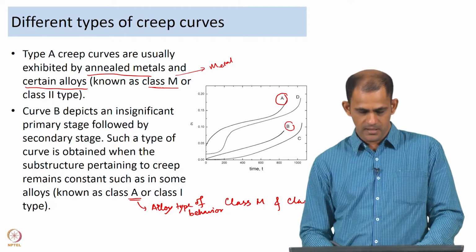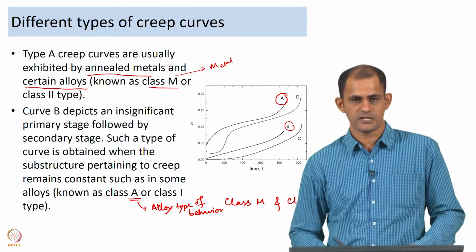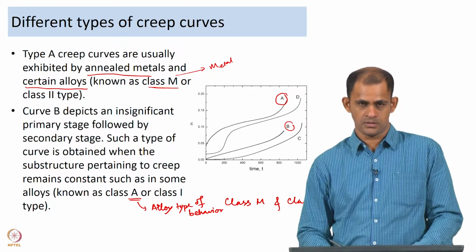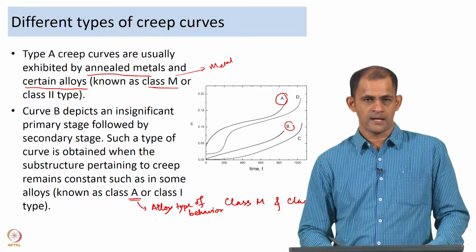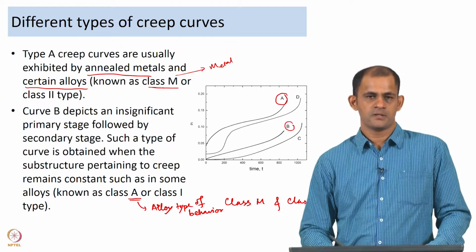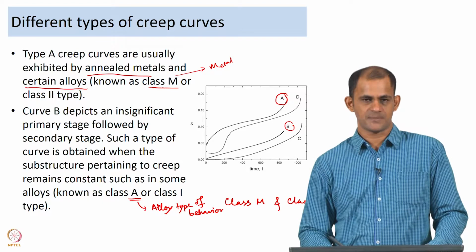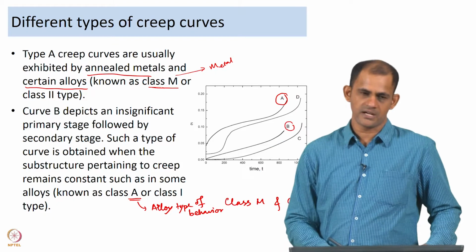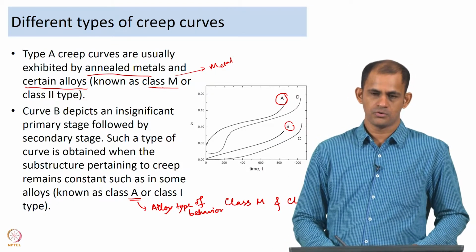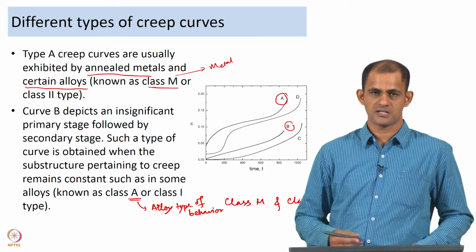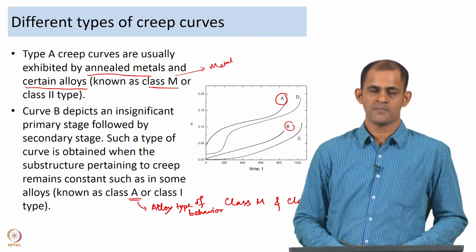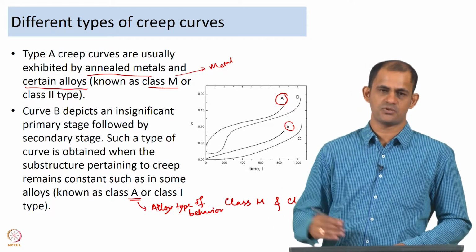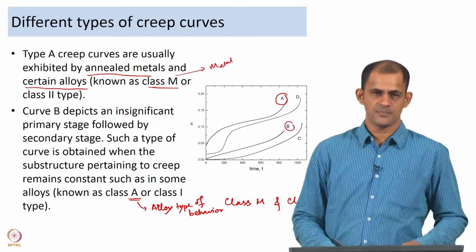So, curve B is generally seen in alloy type behavior, when the alloy is known as a class A type of alloy, and the thing to note here is that this type of curve is obtained when the substructure pertaining to creep remains constant. At the beginning of the creep lectures we were talking about how during creep deformation the substructure is evolving, especially in the primary creep stage, and it evolves and finally stabilizes, and when it stabilizes, that is where you start seeing the secondary creep stage.